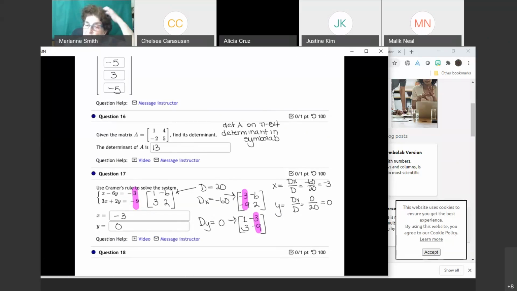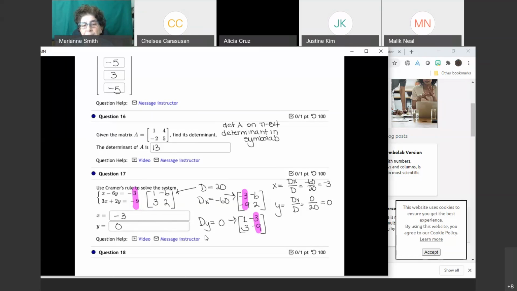Let me ask you a question. Is there anything in this problem that says you must solve it with Cramer's rule other than the directions? It's just asking you for x and y, right? It'd be a good thing to know how to use Cramer's rule, but you could solve this with any method you choose.